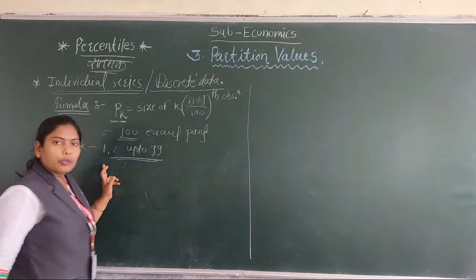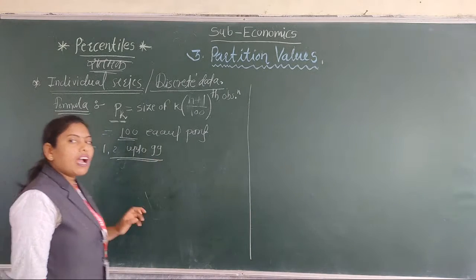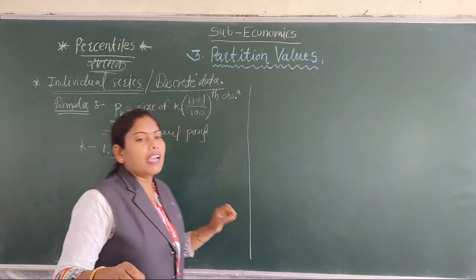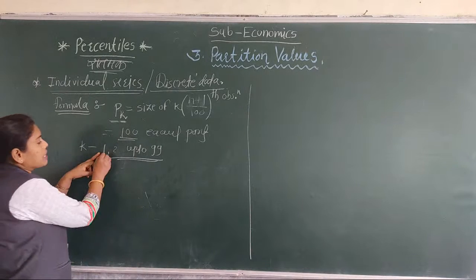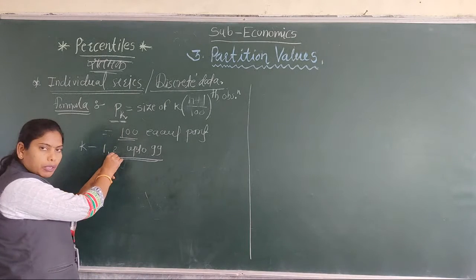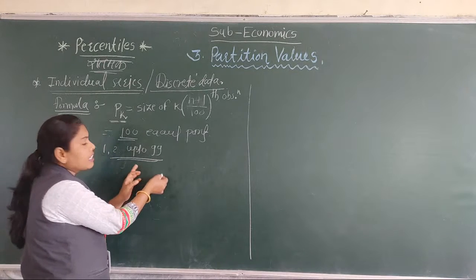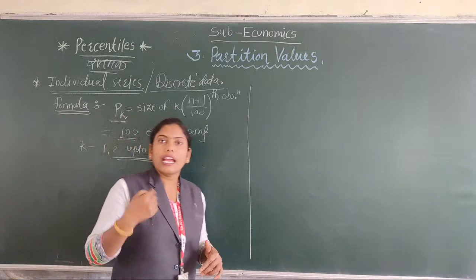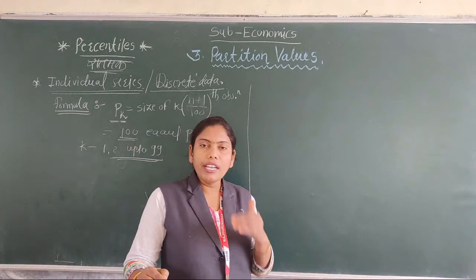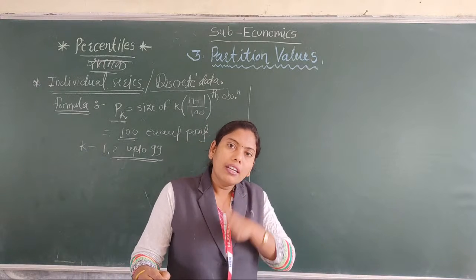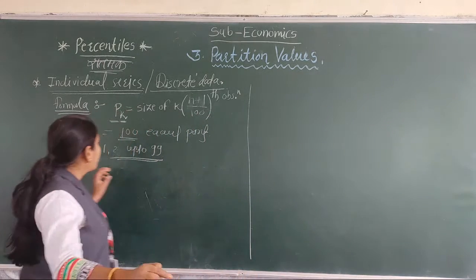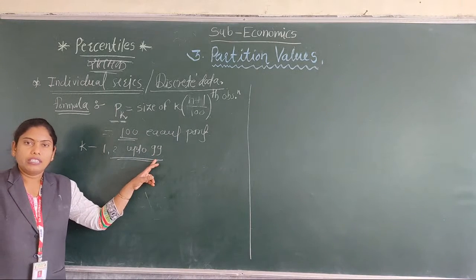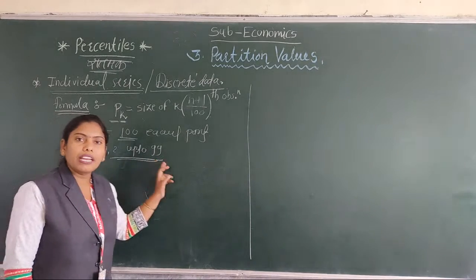There are 99 points in a percentile: percentile number 1, percentile number 2, and up to percentile number 99. When data is arranged in ascending or descending order, it is denoted as P1 to P99.